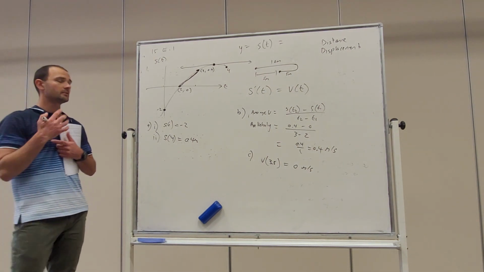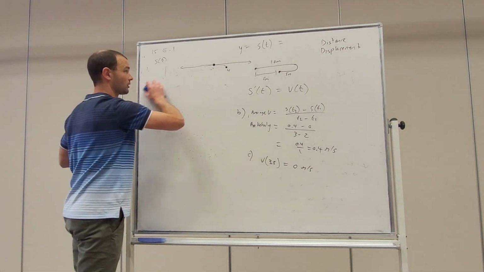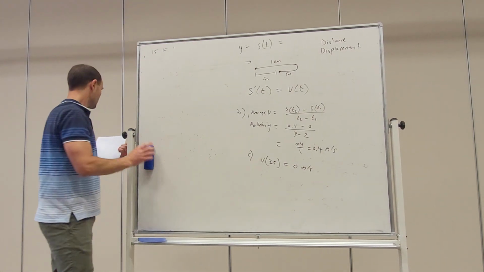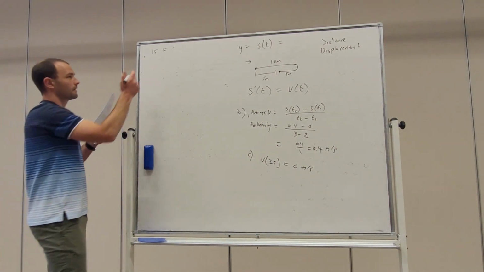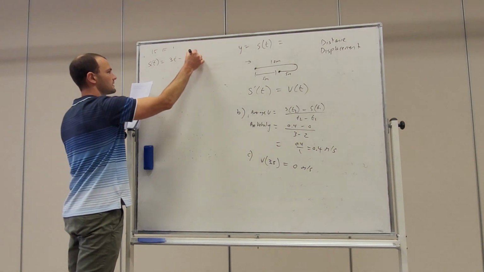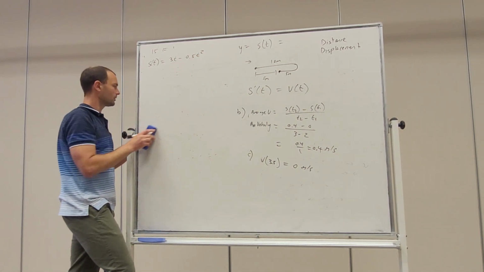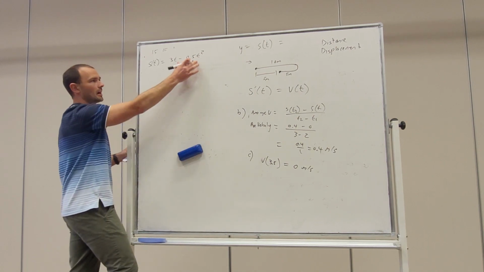So we'll be presented with graphing questions in the textbook, and then we'll be presented with equations as well. So on to the next example, we have S of t is 3t take 0.5 t squared. So we have the displacement of an object with regards to time.